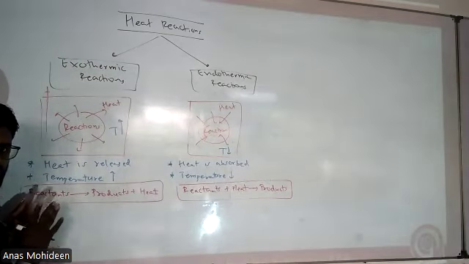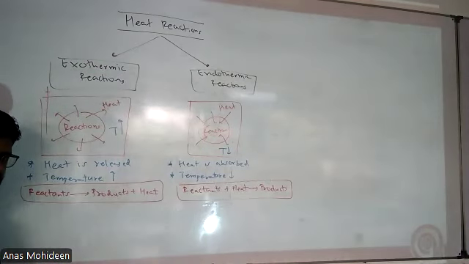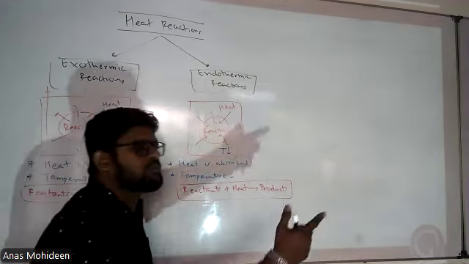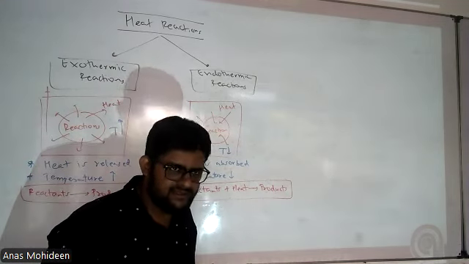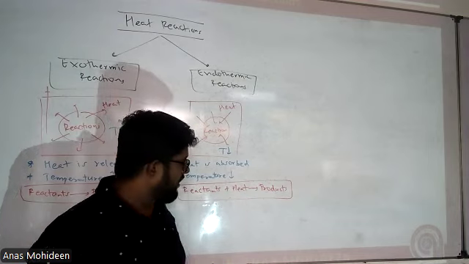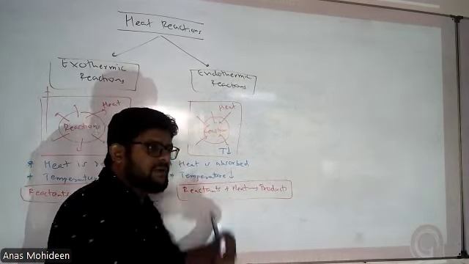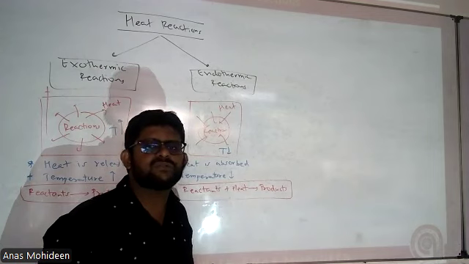Imagine 1000 units of heat are there. You are releasing out 200, how much do you have now? 800, right? Correct. You had 1000, and you are absorbing 200, how much is there now in total? 1200.